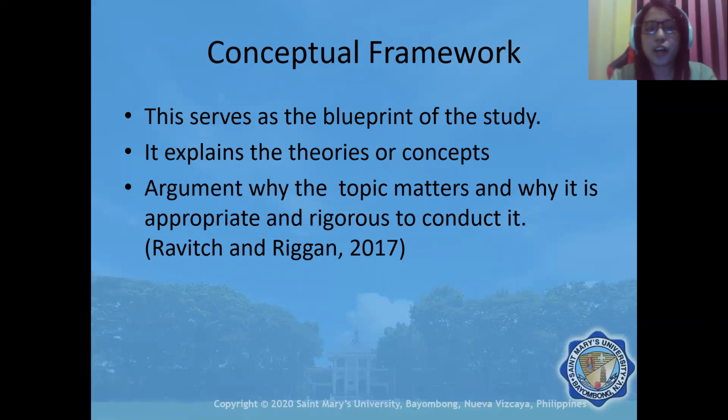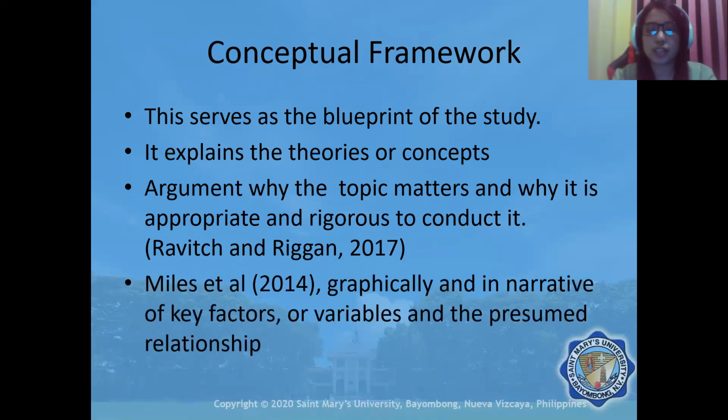It is an argument for why the topic matters and why it is appropriate and rigorous to conduct it. That is according to Ravitch and Riggan in 2017. According to Miles et al. in 2014, it is a graphical and narrative presentation of key factors or variables and the presumed relationships.